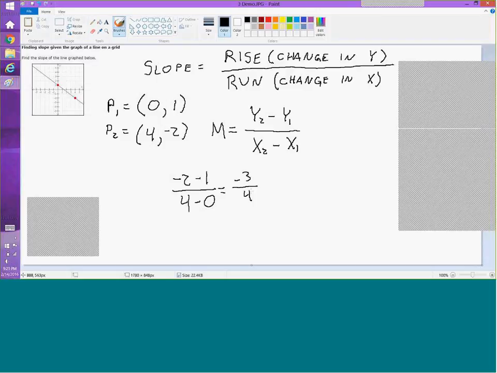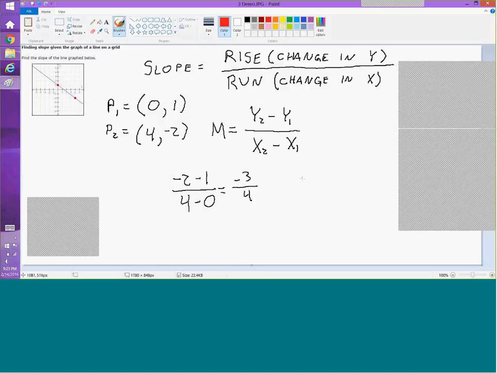Note that it doesn't really matter which point you call 1 and which point you call 2. You'll still get the same exact slope. What matters is that you keep things tied together. So if I decide to call the first point point 2, then its y value is going to be y2 and its x value x2.